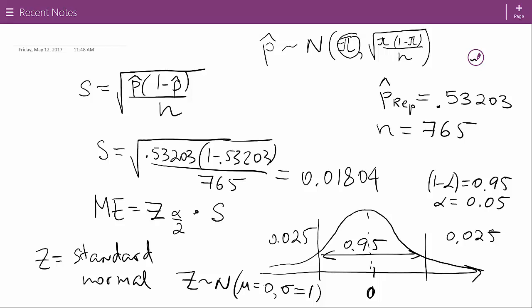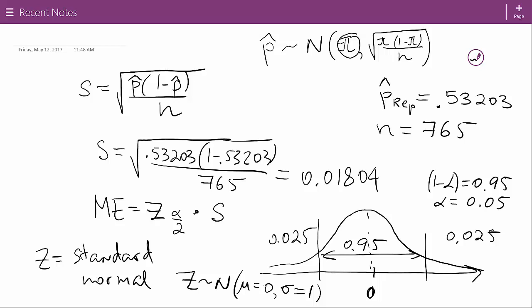It's approximately how many standard deviations? 2 standard deviations. So my Z value should be close to 2. It's not going to be exactly 2, but that's our self-check. We need to remember to compare it against 2, and if it's too far away, we know something went wrong.